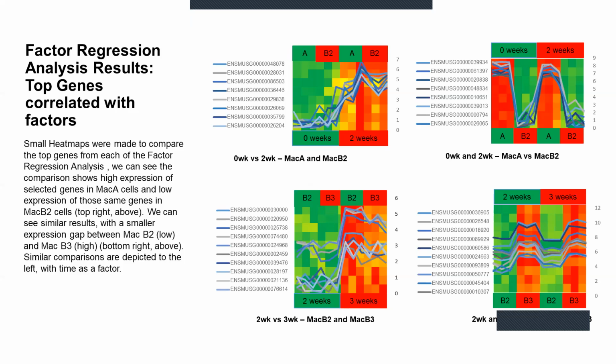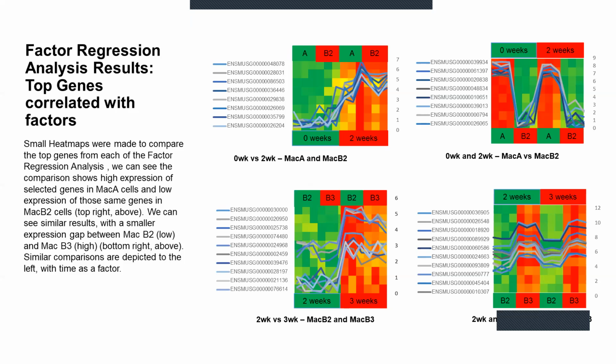Some genes follow different patterns, right? Some genes are not connected to the time. They're connected, for example, to macrophage A or macrophage B2. So in this top right example, you have B2s that have low expression, and A subtypes of this immune cell have high expression.